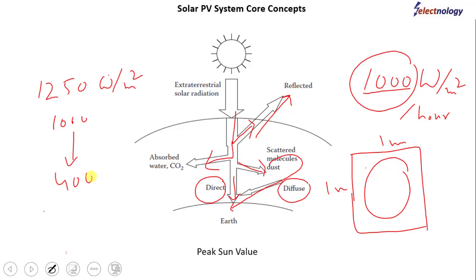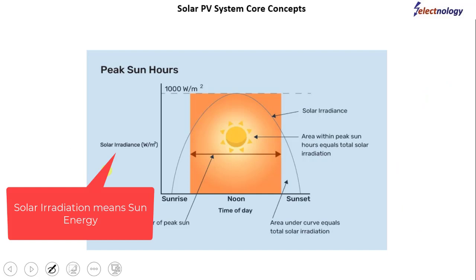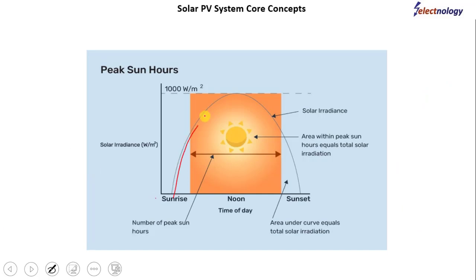Suppose it is 4 p.m. in the evening. It's possible that it is 400 watt per meter square per hour. Therefore, for the sun energy, this is one day, sunrise and sunset. This graph shows the power or the energy being received at a particular location, assuming 1000 watt per meter square is the maximum energy. So for the whole day it shall be changing.